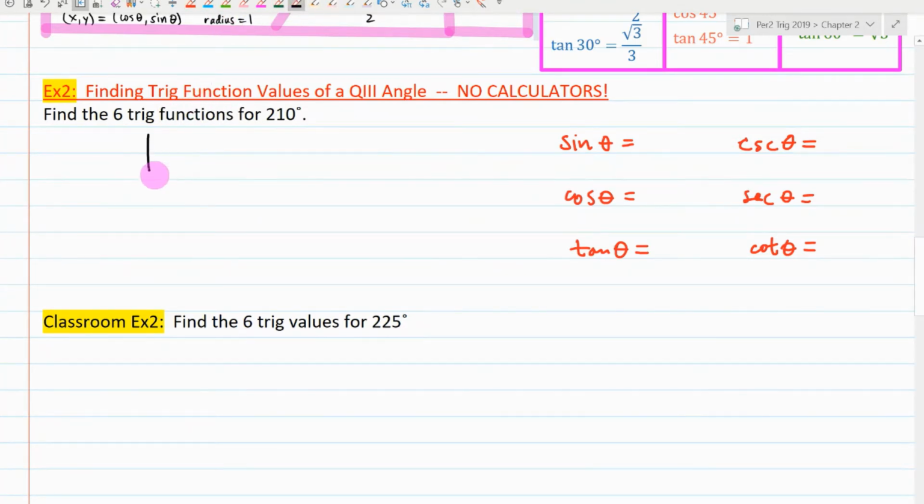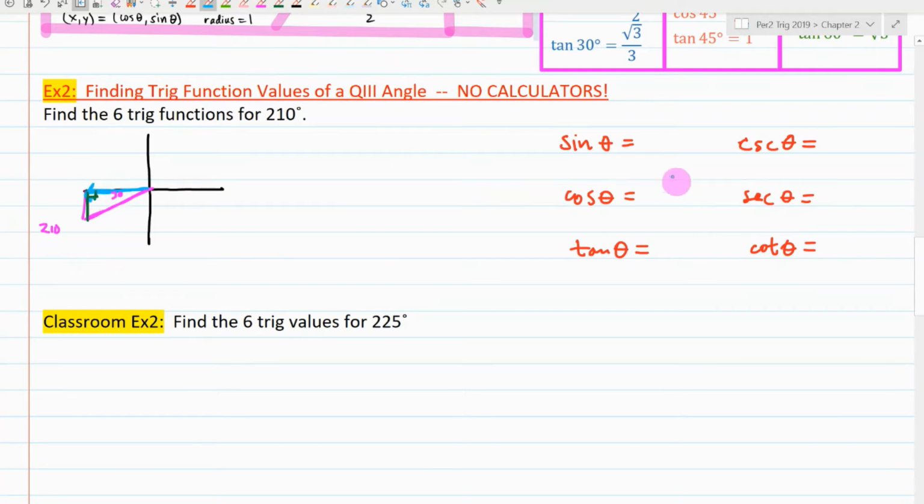I always assume that I don't have a picture in front of me. So you draw an XY axis, you put 210 where it is, and 210 is here. That's a 30-degree reference angle. So I know for sure that I'm going to have a short leg and a long leg. The X is the long leg, and X is cosine.